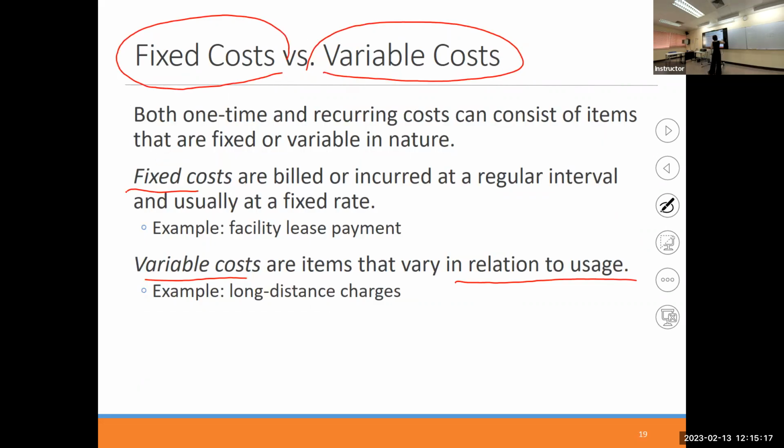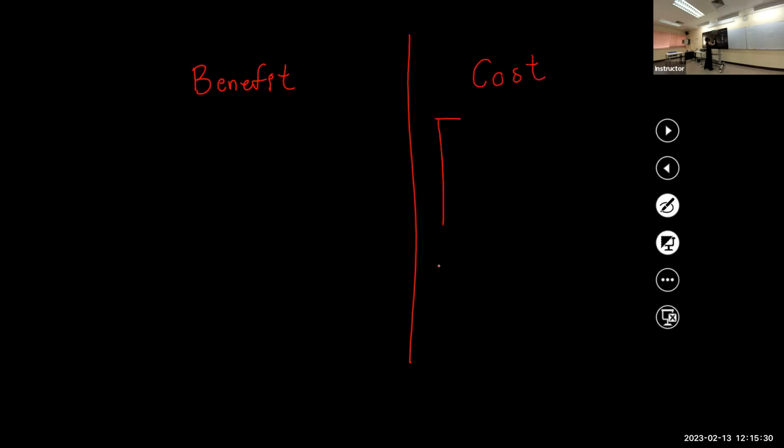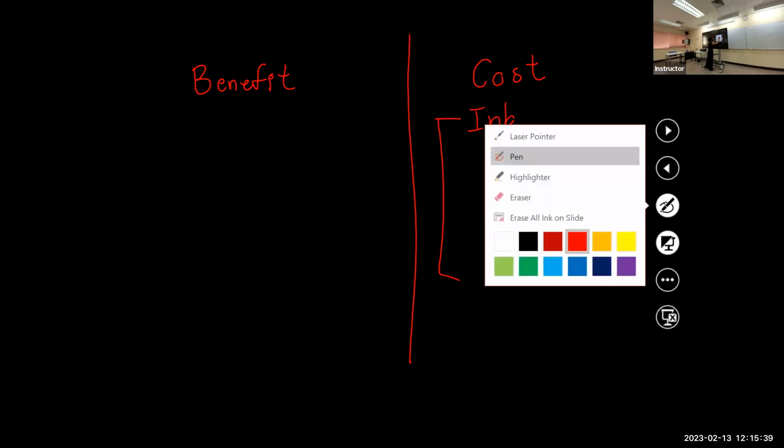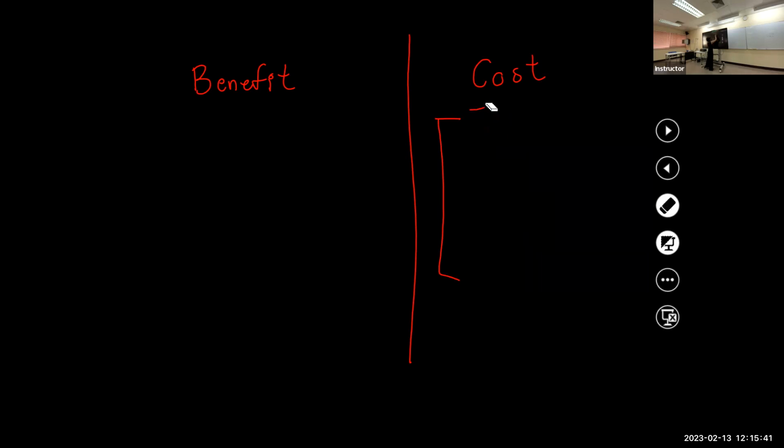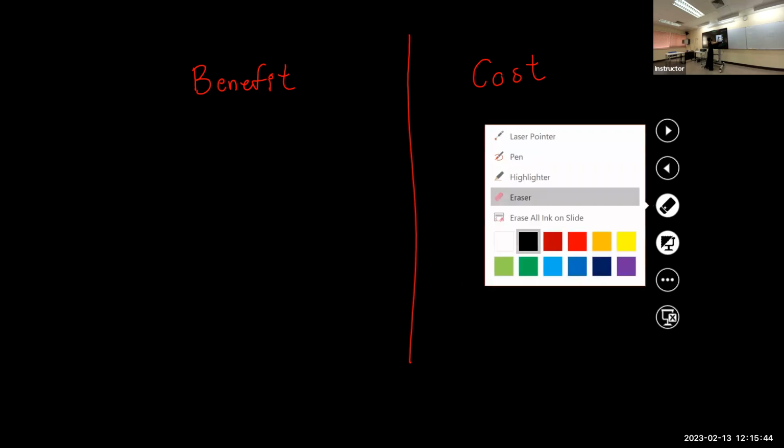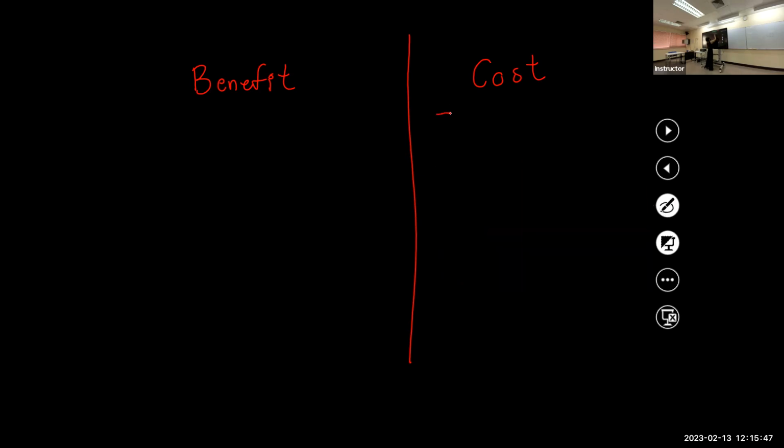So in summary, let's say that we have benefits. And the same, we have cost. When you talk about dimension of cost, we have intangible, let's say intangible first, because then the breakdown is smaller. The same with benefits, you also have intangible benefits.